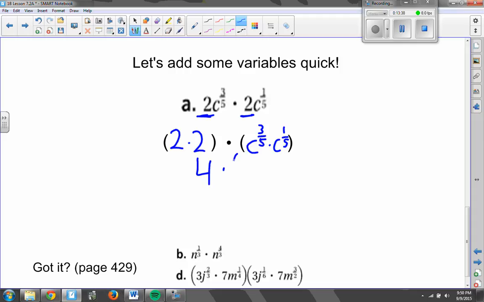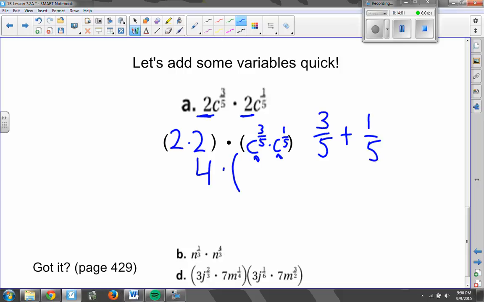And I'm timesing that by, now the question is, what is C to the 3 over 5 times C to the 1 over 5? Well, hopefully we remember from our last video that when we multiply two things that have the same base, but different exponents, all we have to do is take those two exponents and add them together. Okay?